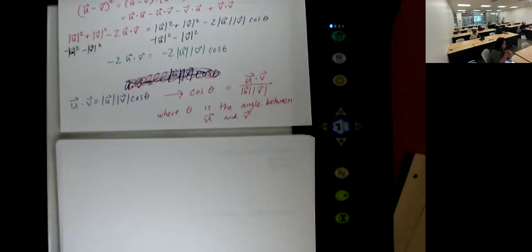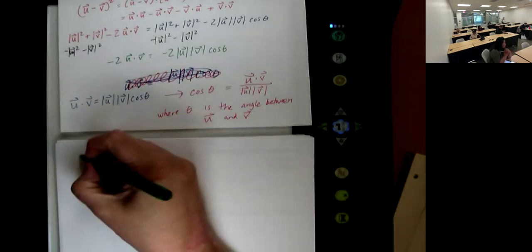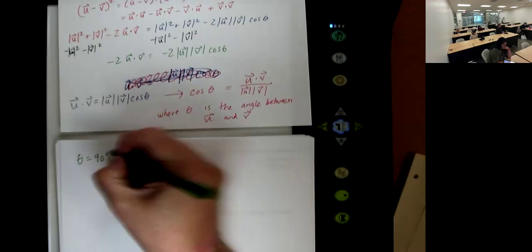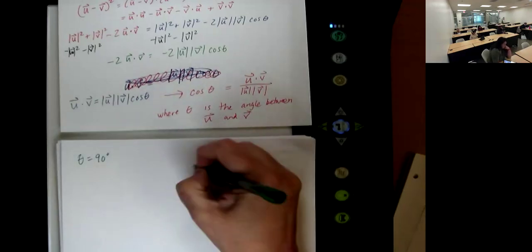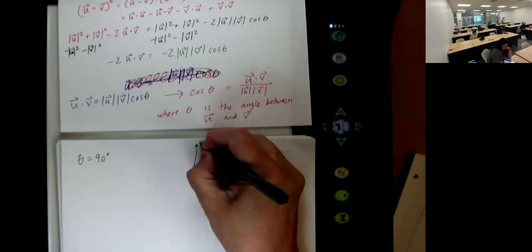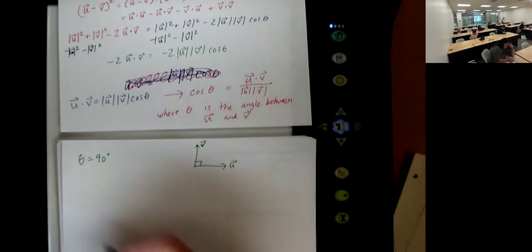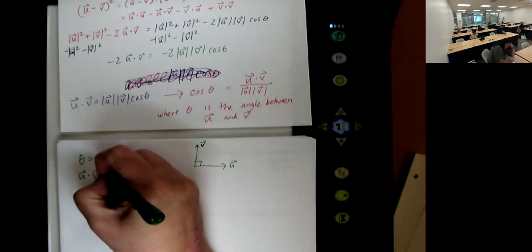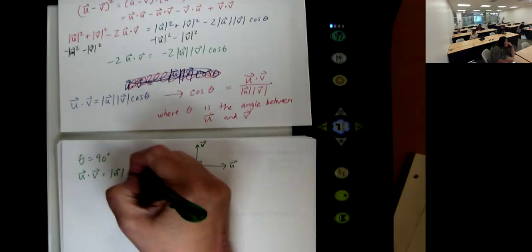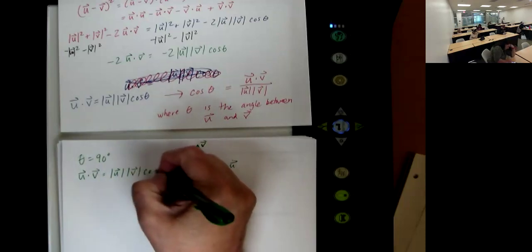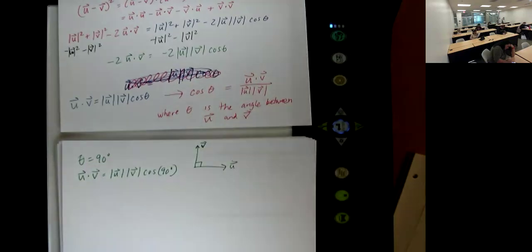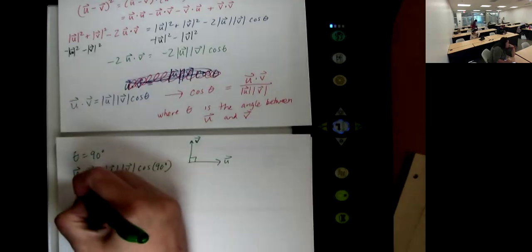Before we do an example, I do want to show one other thing with this. What if theta equals 90 degrees? U dot V equals magnitude of U, magnitude of V, cosine of 90 degrees, which is 0.